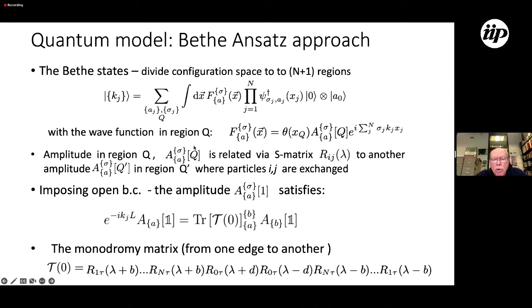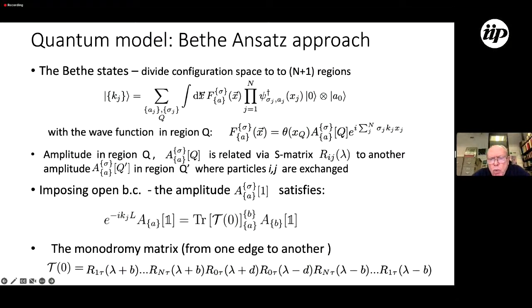We write down an n-particle electron wave function, which is obtained by applying the creation operator n times to the empty ground state with some wave function f, which depends both on the spin and on the chirality parameter, whether it's a right or left mover. And here is the spin of the impurity.